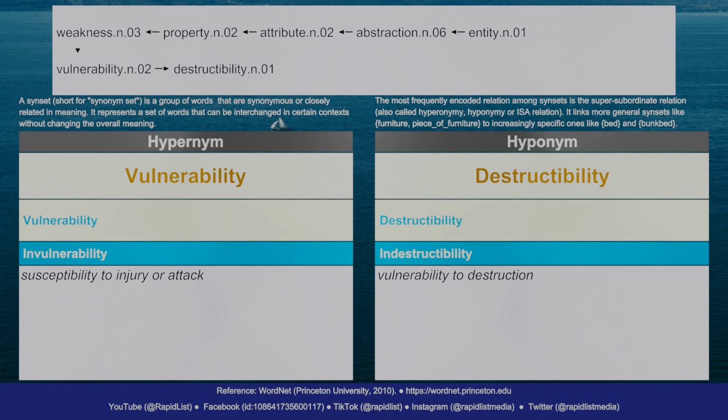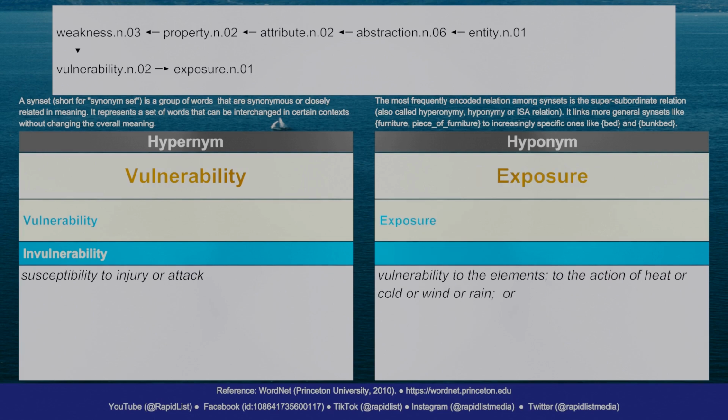Vulnerability to destruction. Exposure. Vulnerability to the elements, to the action of heat or cold or wind or rain, or exposure to the weather.